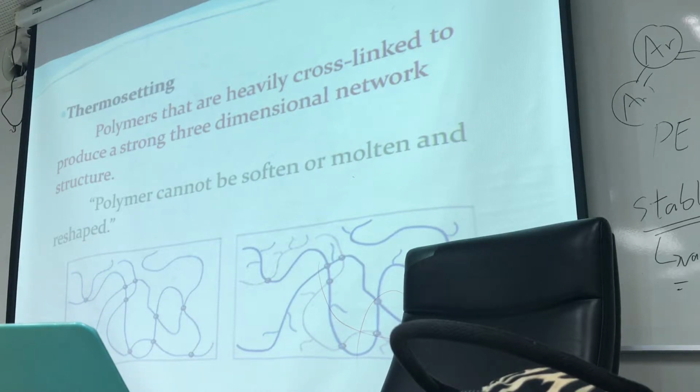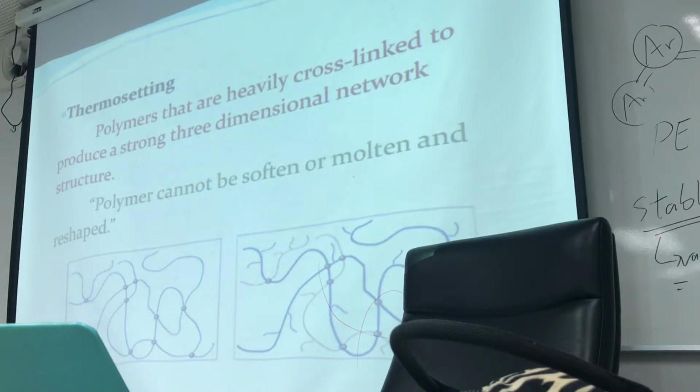So let's talk about this. Imagine you have a polymer in solid state at maybe room temperature. Then you heat it a little bit and the polymer melts. If you just keep heating and heating it, what's going to happen? The polymer burns and becomes char, becomes carbon.